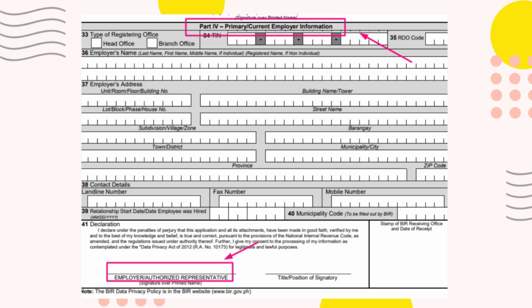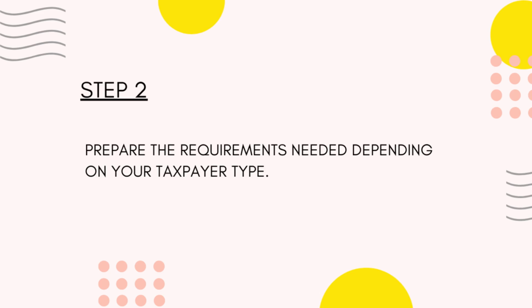Be careful and make sure na yung part 4 ng 1902 is signed and filled out by a representative of your company, mostly nasa HR yan or accounting department, before you go to your respective RDOs to file para hindi na kayo pabalik-balik.